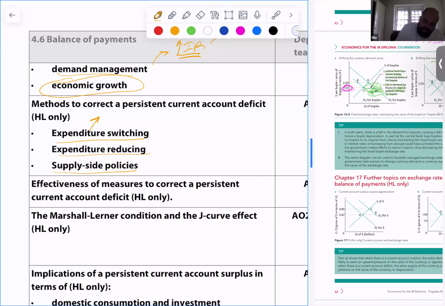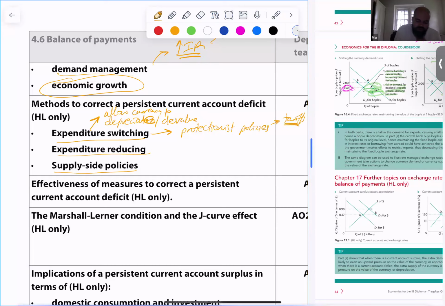You do this by allowing the currency to depreciate, or if you have a fixed exchange rate, basically devalue your currency, and pursuing protectionist policies, most common of which is tariffs. If you set high tariffs and allow your currency to depreciate or devalue your currency, that will switch expenditure from spending on imports to spending on domestic goods.